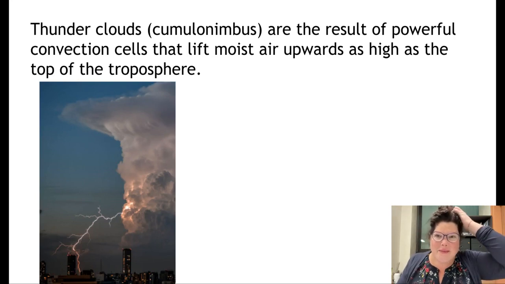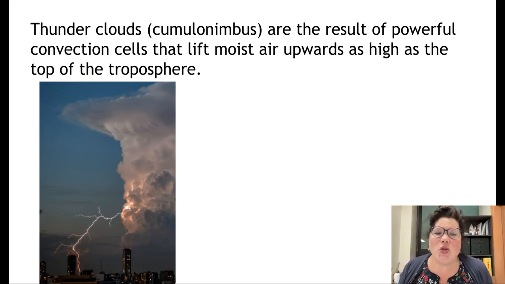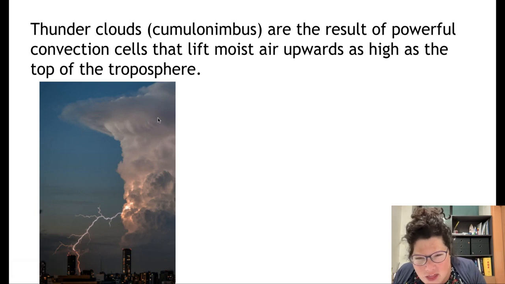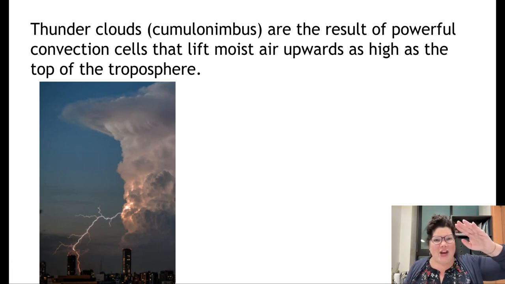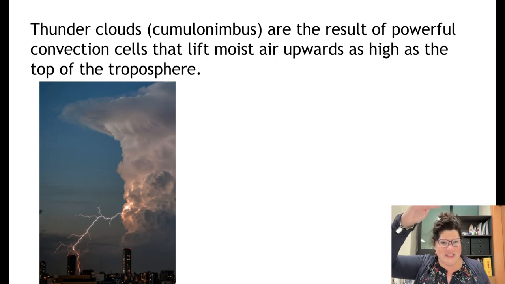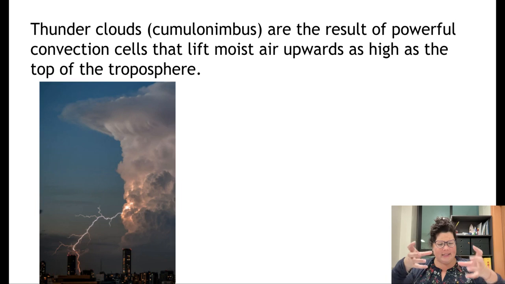I'm sure you've seen these cumulonimbus thunderclouds before. They're very prevalent in my home state of Colorado, these massive thunderclouds. What's happening inside of there is this convection cell. Air is moving up and down and up and down, all the way as high as it can go, to the top of the troposphere, building these massive clouds.